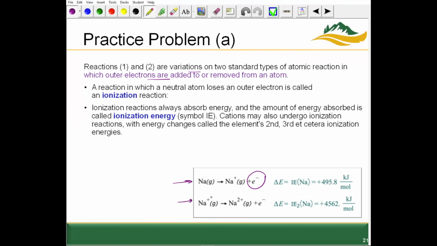In this second reaction, we are releasing another electron from this atom of sodium plus. Remember, if we are removing electrons, we're talking about the ionization energy. If we're talking about adding on electrons, that is talking about their electron affinity.